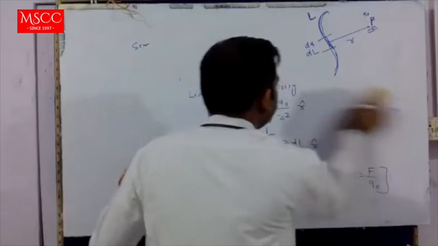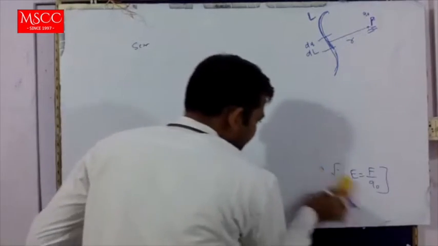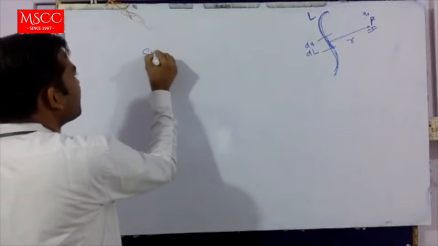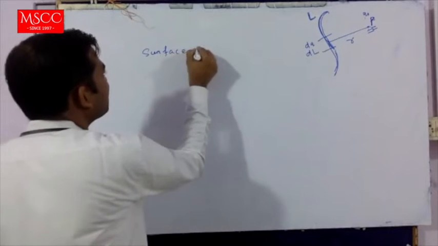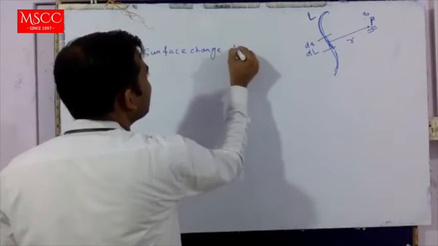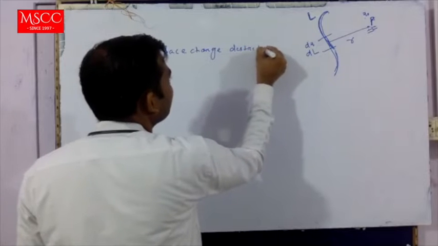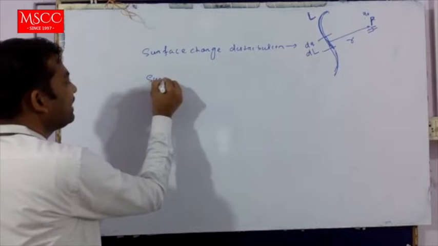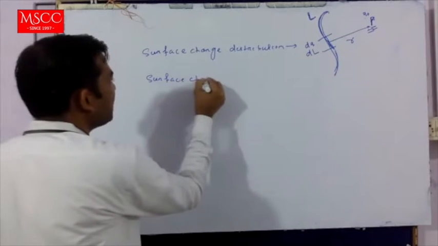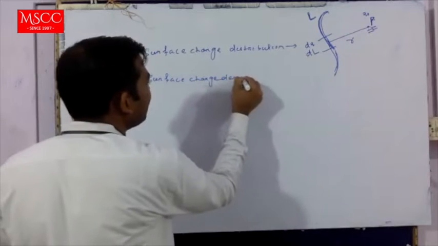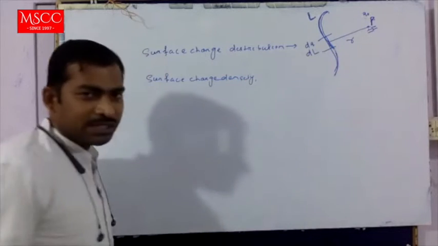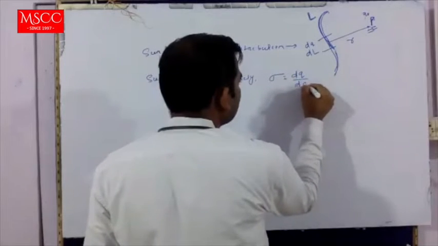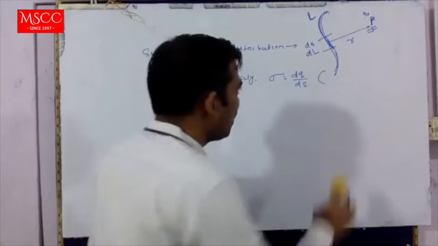Similarly, for surface charge distribution, we can write surface charge density sigma equals dq by ds, whose unit is coulomb per meter square.